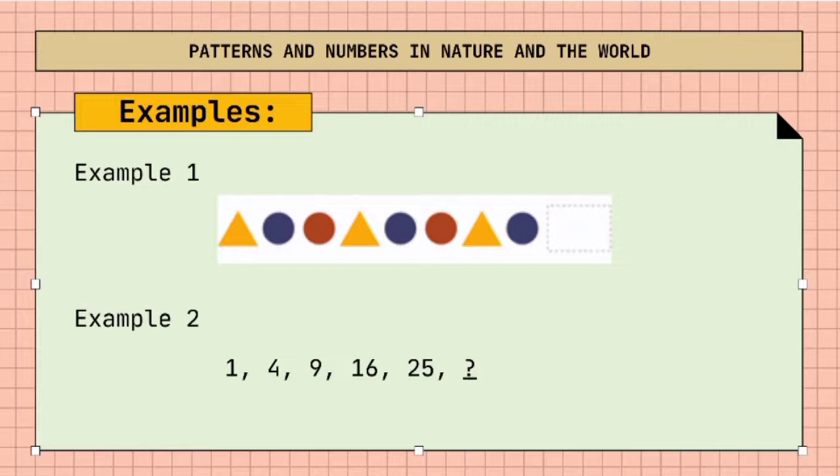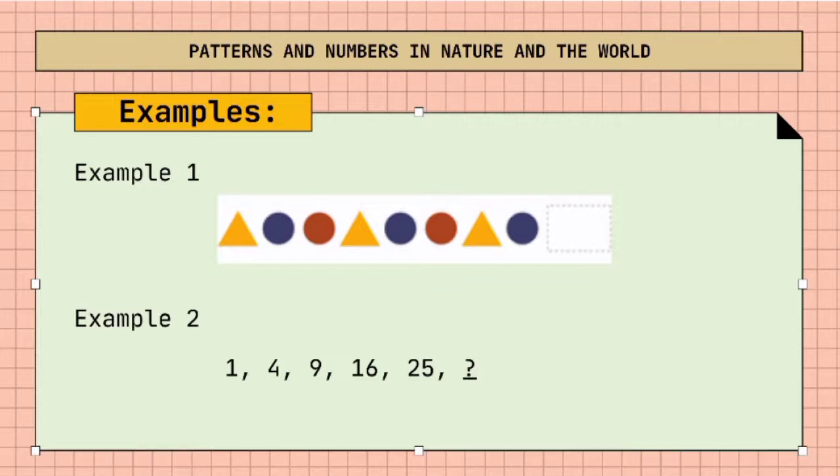The first thing we need to do is apply subtraction. So, 4 minus 1 is 3, while 9 minus 4 is 5, 16 minus 9 is 7, and 25 minus 16 is 9.